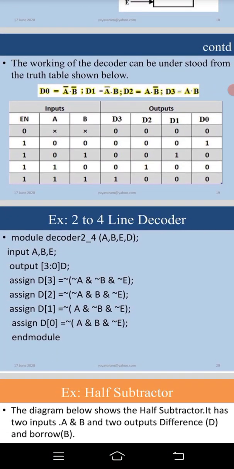Example: 2 to 4 line decoder. Module decoder 2 to 4 (A, B, E, and D).